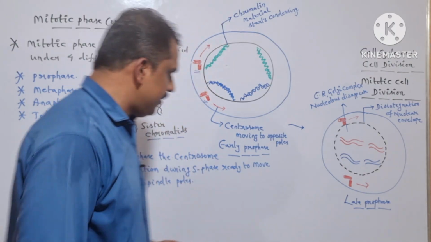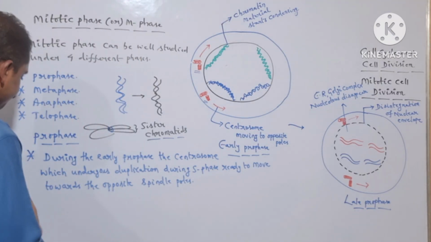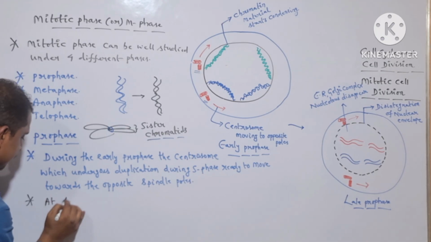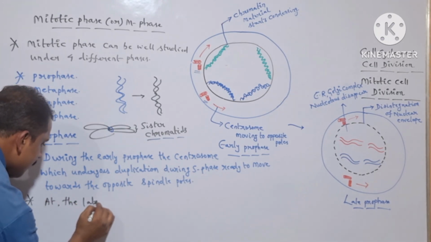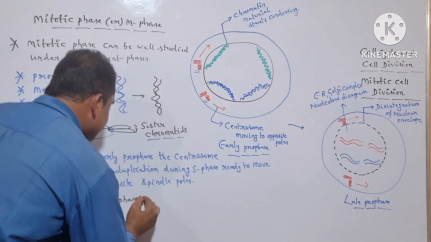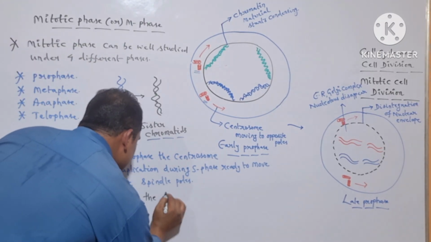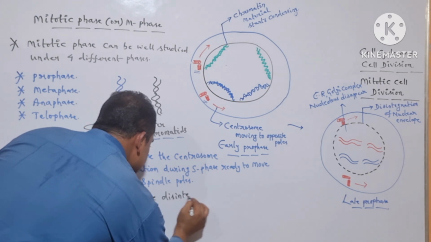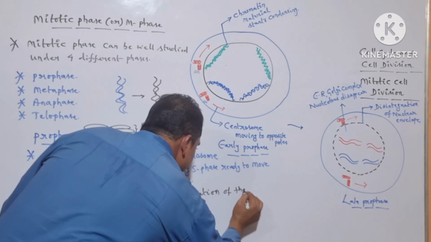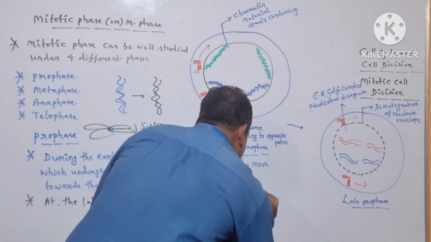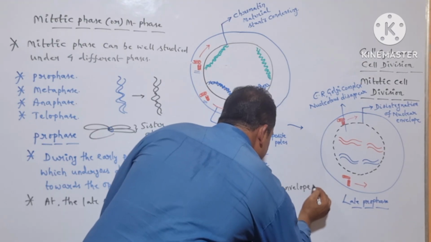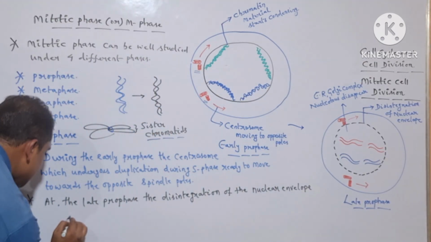Is it clear? So let me write it here. At the late prophase, the disintegration of the nuclear envelope occurs, right?